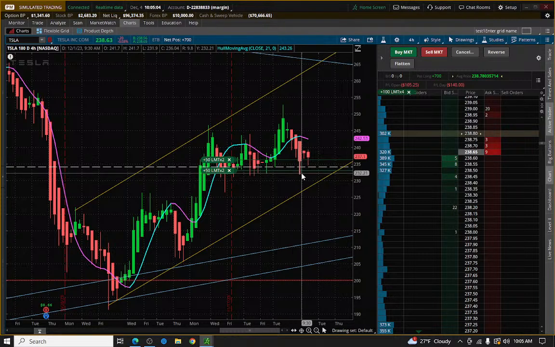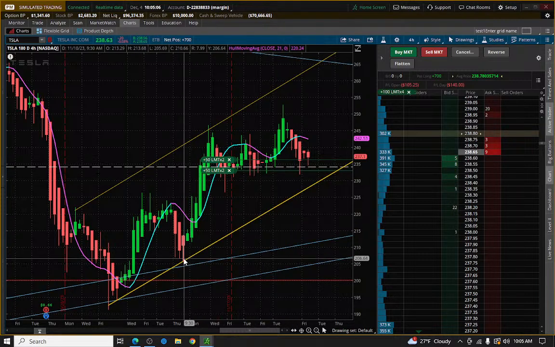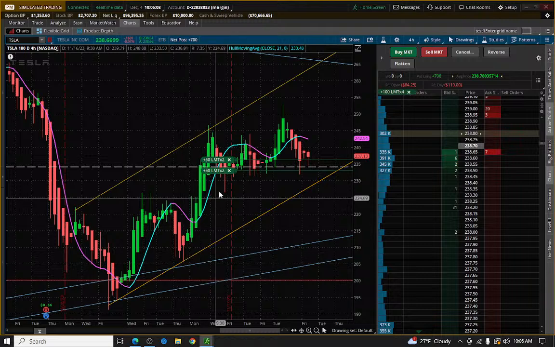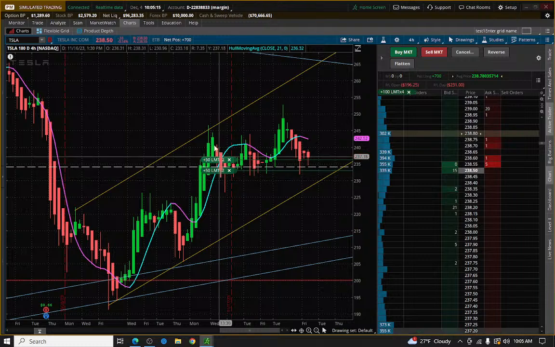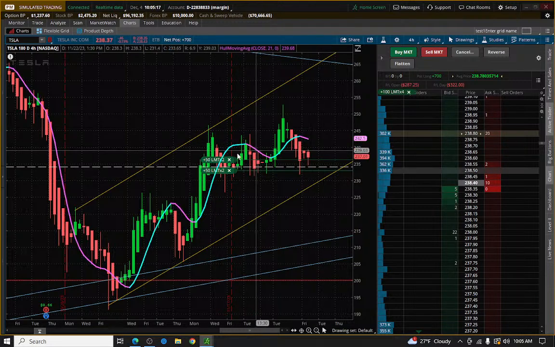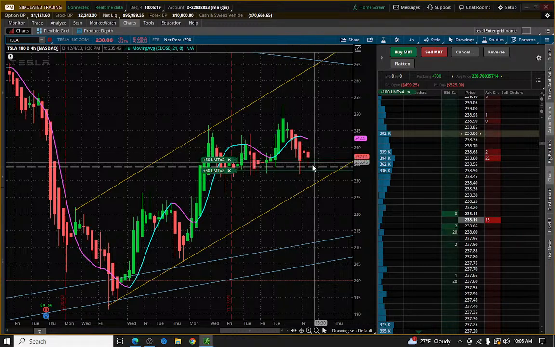Because Grandma buys at the bottom of consolidation, the supply and demand zone. And you can identify that very easily, but it takes patience.